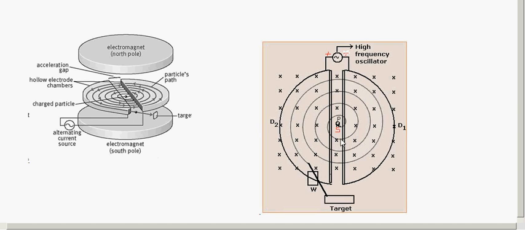When the velocity increases, the radius of the path will also increase. So the frequency has to be adjusted in such a way that when it reaches the edge of D2, the polarity changes, and now D1 becomes negative and D2 becomes positive. When D1 becomes negative, this being a positive ion, it gets attracted towards D1.